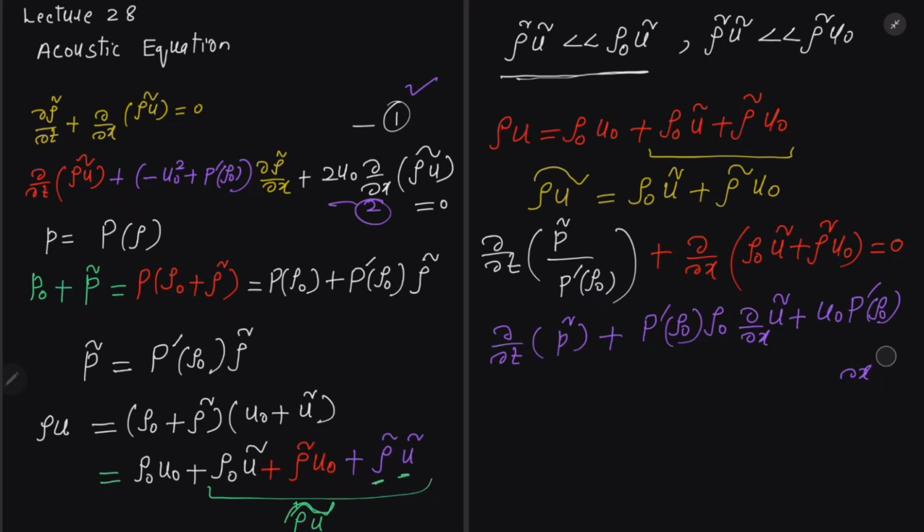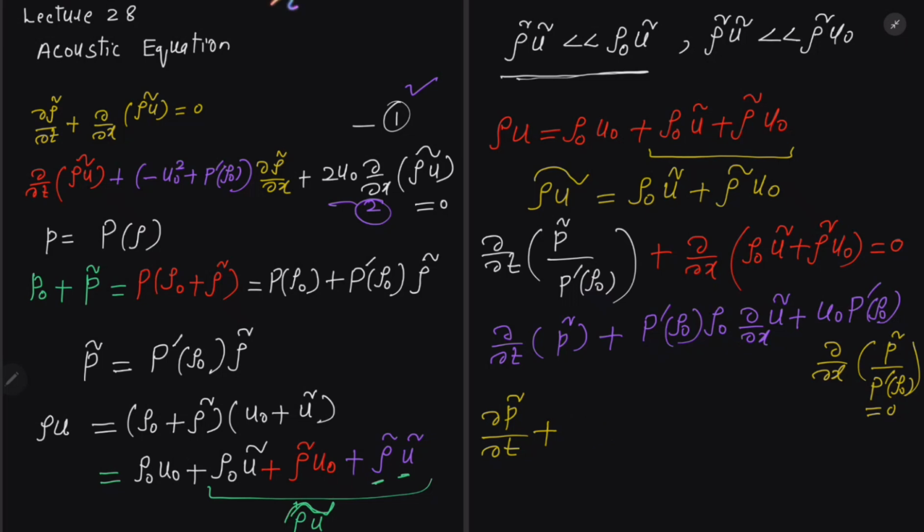This should also be equal to p tilde over p dash rho naught. So we get partial p tilde by partial t plus we call this quantity k naught.